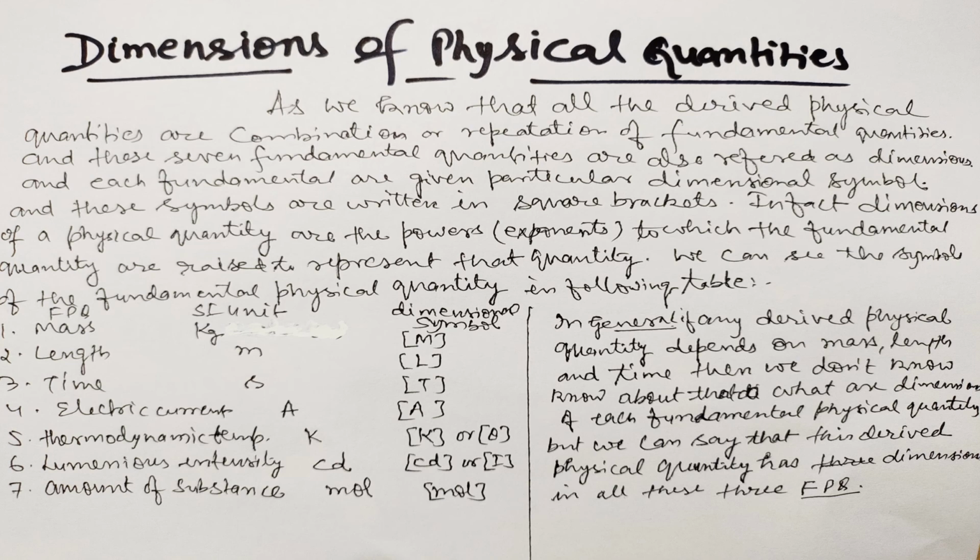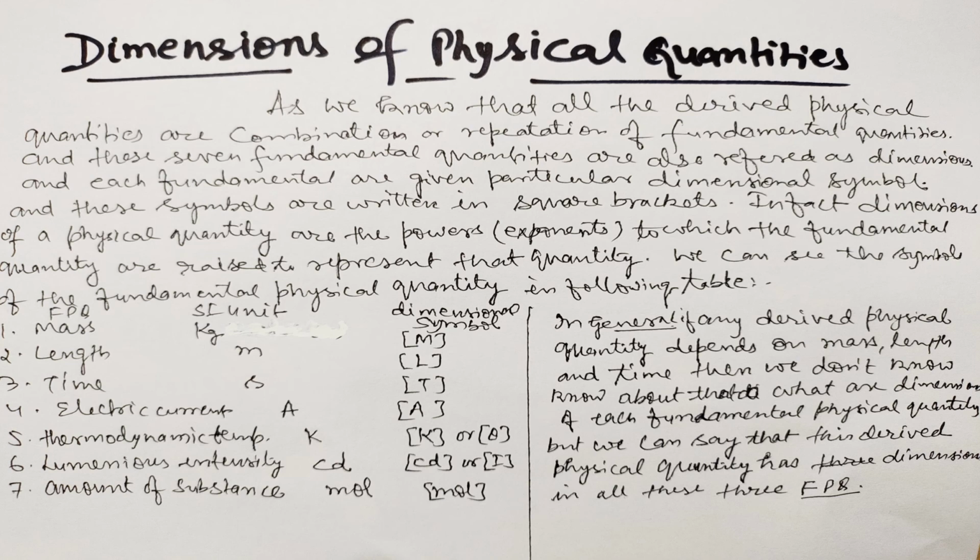So what are the dimensions? In fact, the dimensions of a physical quantity are the powers or exponents to which the fundamental physical quantities are raised to represent that quantity. Or in simple words, a derived quantity is a combination of two or three or four fundamental physical quantities.